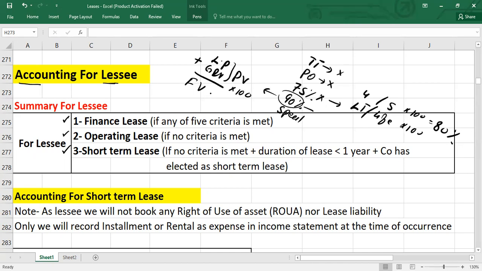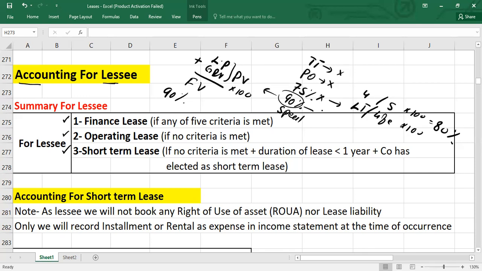If the present value of lease payments plus GRV is greater than 90%, we say the 90% criteria is met. It means the present value of the lease payments and the residual value guaranteed by the lessee equals or exceeds substantially all of the fair value of the leased asset.